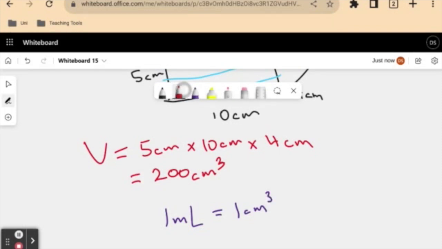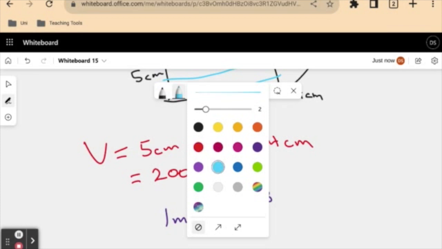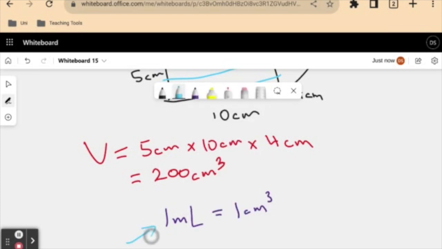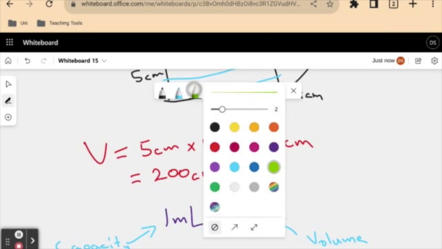So we are essentially relating capacity, some measure of a liquid within some volume, to the respective volume of the object the liquid is contained in. Hopefully that makes sense.